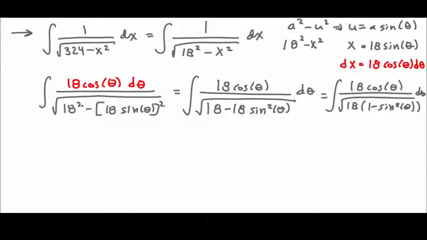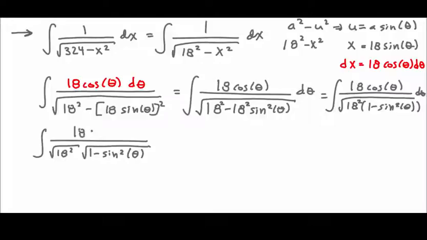This was 18 squared. So this is 18 squared. This is 18 quantity squared, so this is squared as well. So this is squared too. Okay, so I can split up the radical, 18 squared. I can split up a radical across a product. Square root 1 minus sine squared theta. In my numerator I have 18 cosine of theta d theta.